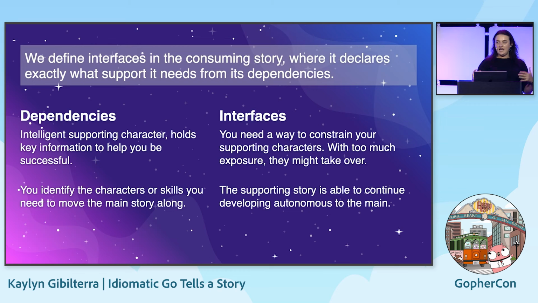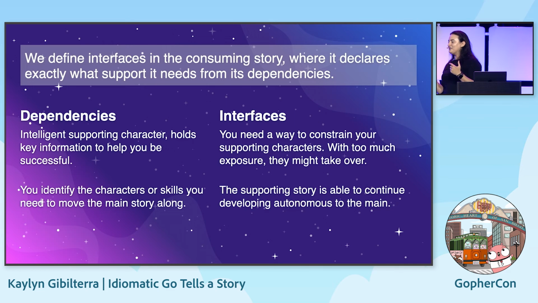That's a perfect time to be pulling in from these supporting stories, and what you define inside of your package is the interface where you say, okay, I need help in this exact way. So I'm going to send you this information, and my expectation is that you are going to send this type of information back. This is important in Go code, in all code, because you want to define that interaction.